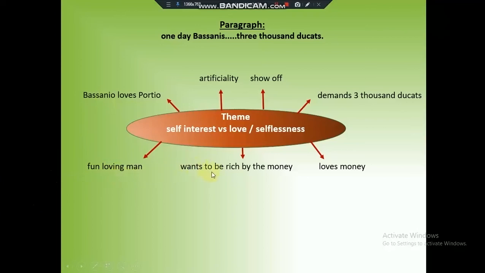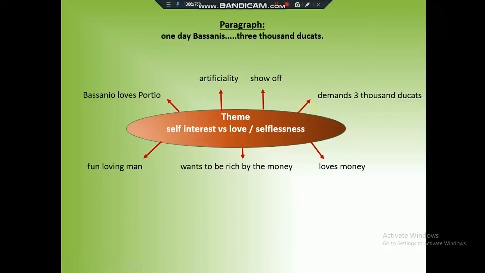He wants to be rich. He wants to marry Portia, and we cannot say that he wants to be rich by taking her money, but by marrying Portia he wants to be rich. It means that to some extent we can say that he loves money too. We can't say that this is a negative aspect of his personality, but it is not positive either, because being a spendthrift is not a good quality.